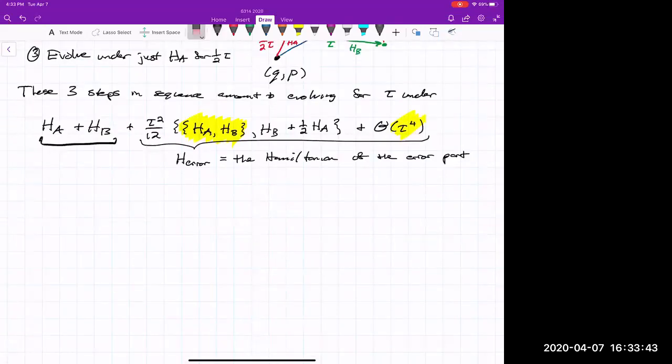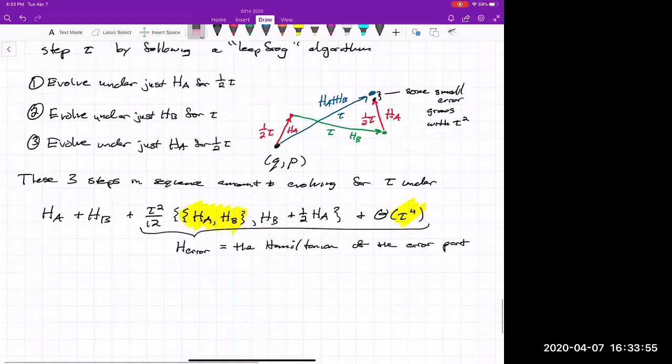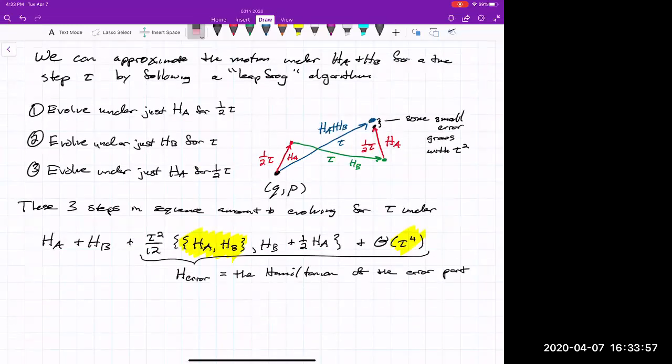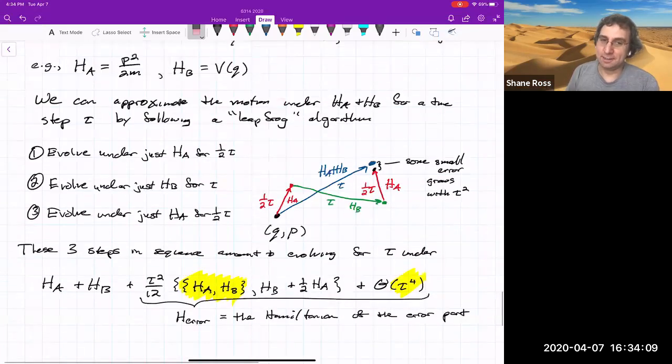Quick question. Is the significance, why do we do it in these 3 steps where we do a half tau and then tau in HB and then another half tau, instead of doing 4 steps, all of them half tau, or 2 steps, 1 in HA direction and 1 in HB direction? I don't know. There's a whole cottage industry of these kind of algorithms. Those references I give would be a good place to start, but I can't answer that.